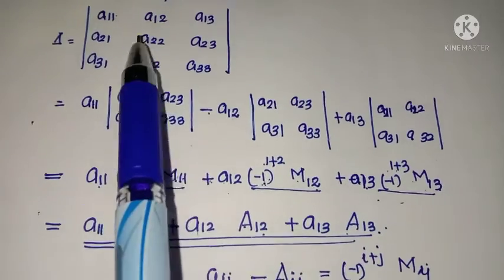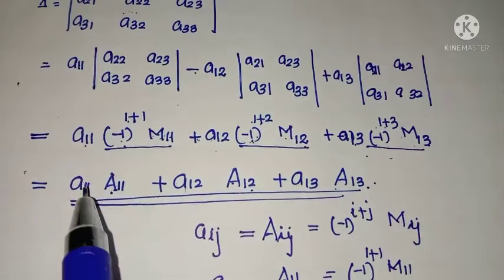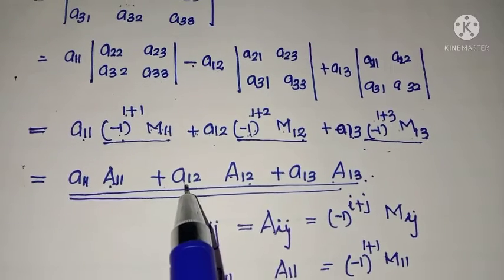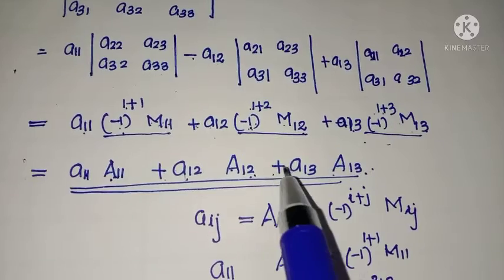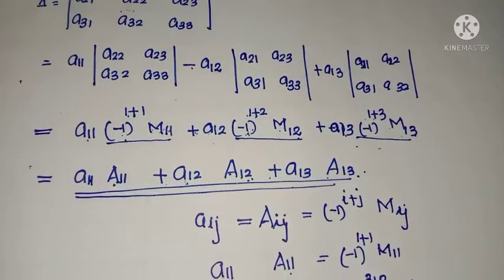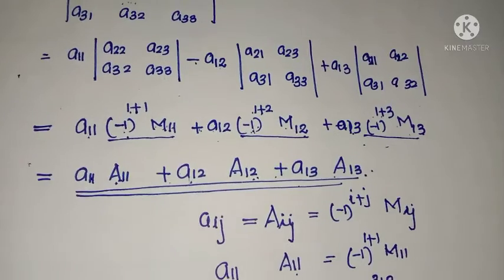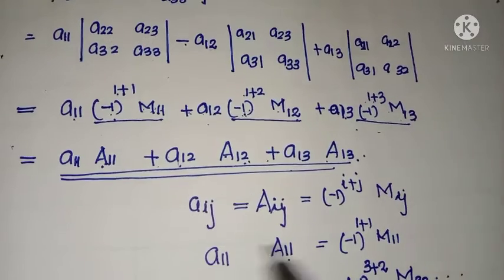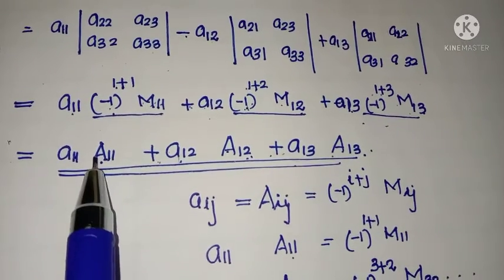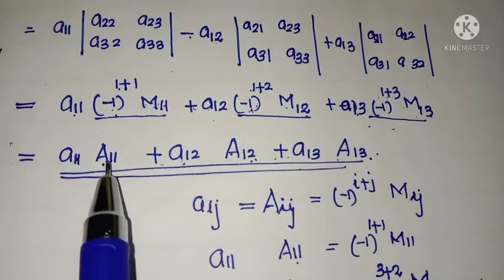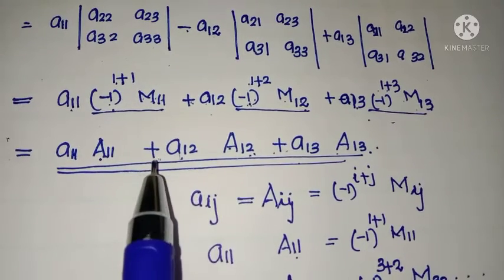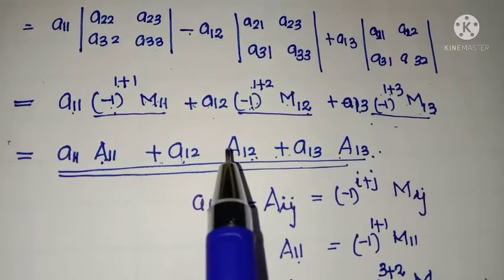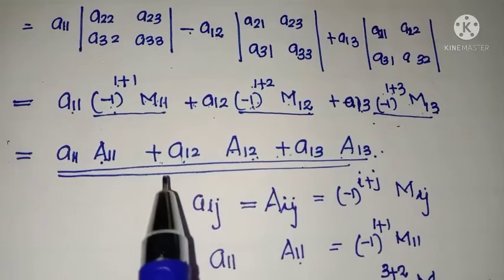That is, the given determinant value can be written as A11 capital A11 plus A12 capital A12 plus A13 capital A13. That is, listen, the value of the determinant is obtained by the sum of product of elements of R1 with their corresponding cofactors.